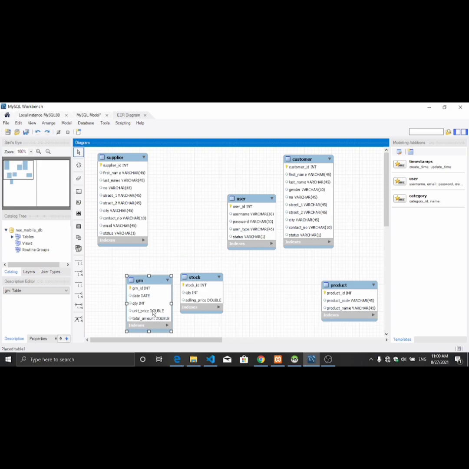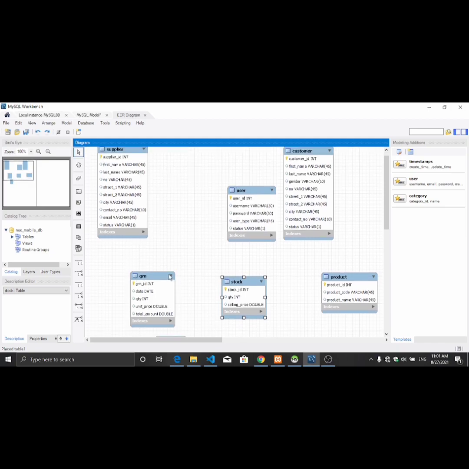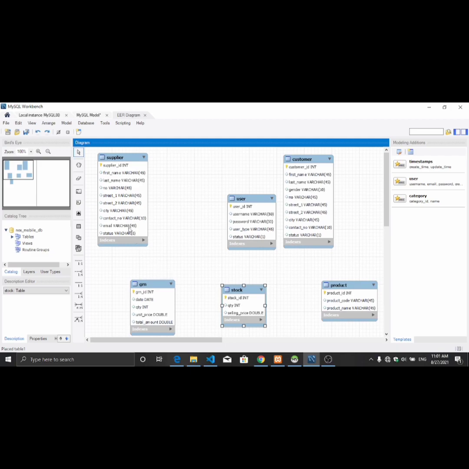When we discussed the supply table and GRN table, the relationship is a one-to-many relationship, because one supplier can have many GRNs, many products, many goods, but one good can have one supplier.